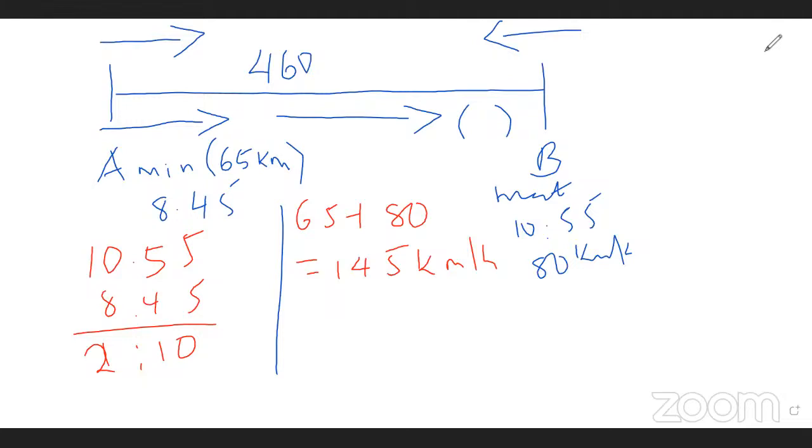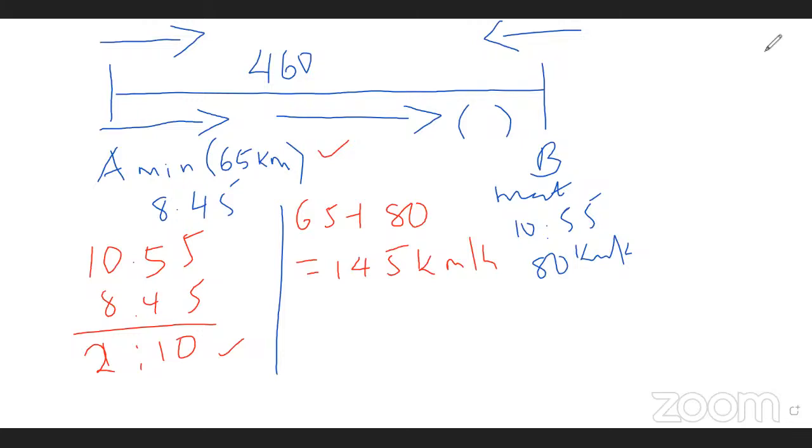Now we have time taken, we have speed. Speed was given as 65, time taken 2 hours 10 minutes. So you are now looking for distance. How do you get distance given time taken and speed? Speed times time.